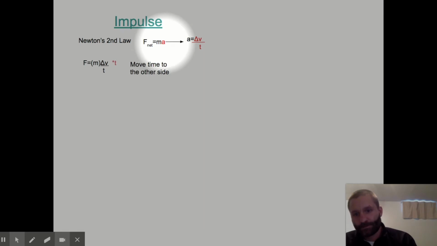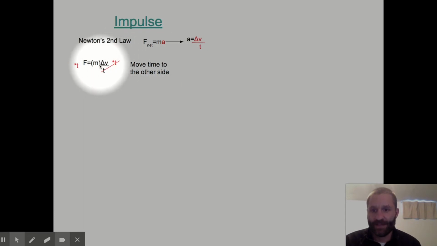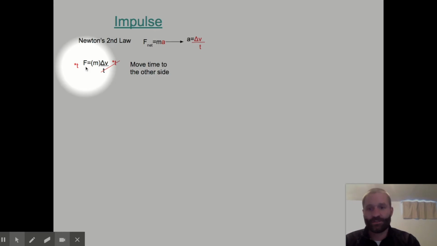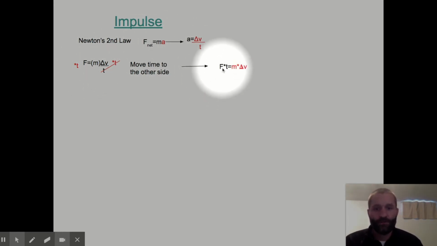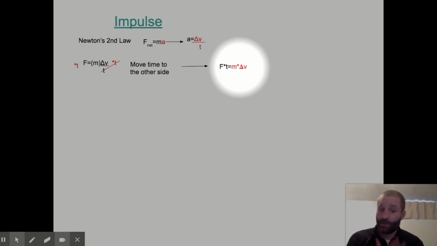So then if I multiply both sides by t, these t's cancel. t divided by t is 1. And then what I do on one side in mathematics, I have to do on the other. So this is the equation for impulse. So force times time equals mass times the change in velocity.